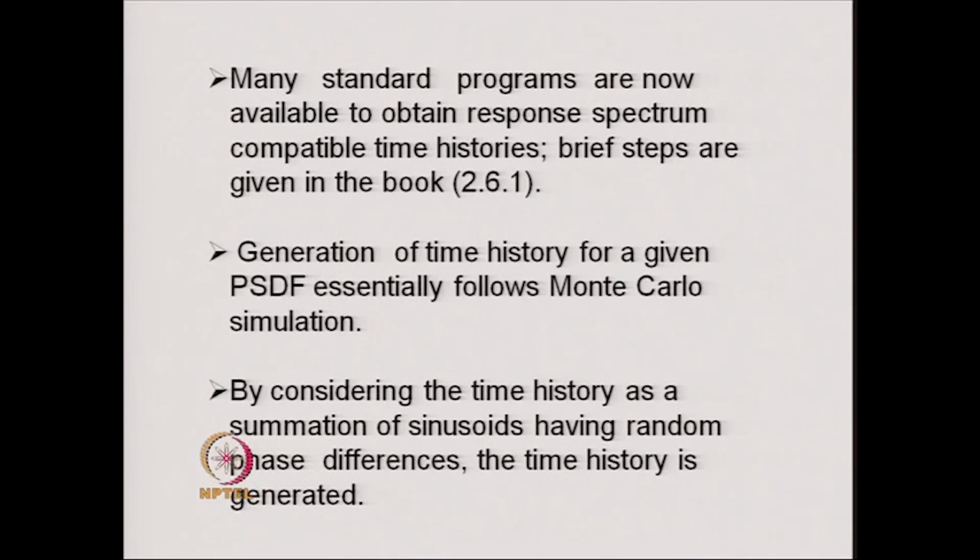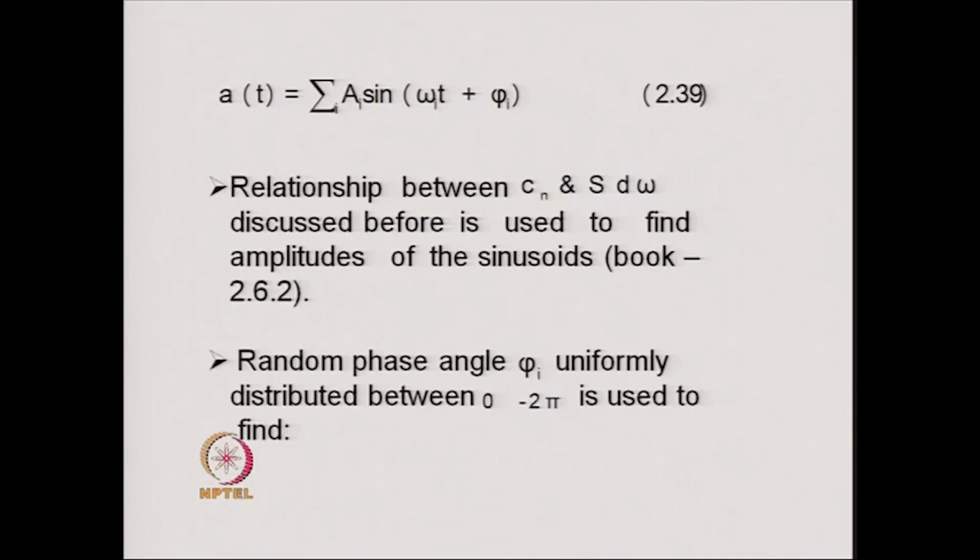we obtain the compatible time history of ground motion by using equation 2.39, which is nothing but the concept that we have explained for the case of the Fourier series, and you can see here any arbitrary function of t can be written in the form of a Fourier series. The only difference over here is the values of phi i that are added now and a i that is to be obtained.